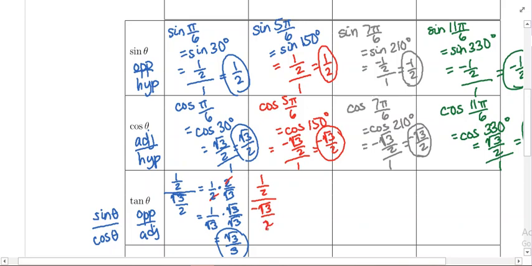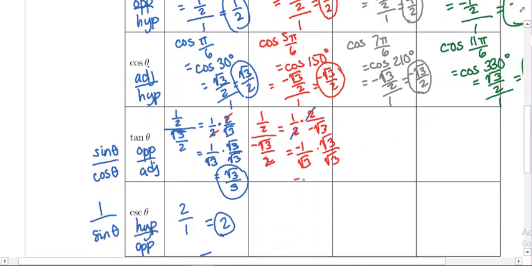So you're going to get a similar type of answer because you're doing 1/2 times 2 over the negative square root of 3, and then the 2's cancel. You would get negative 1 over the square root of 3, rationalize it, and you're going to end up with the negative square root of 3 over 3. So you're going to get very similar answers, but the signs might be different.